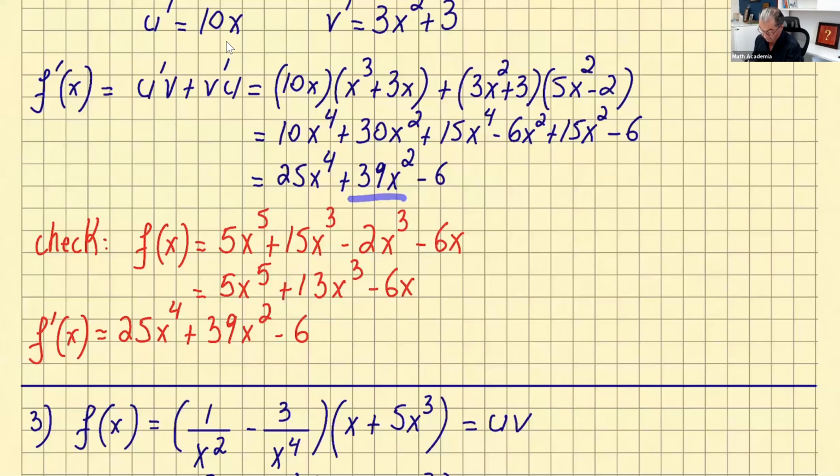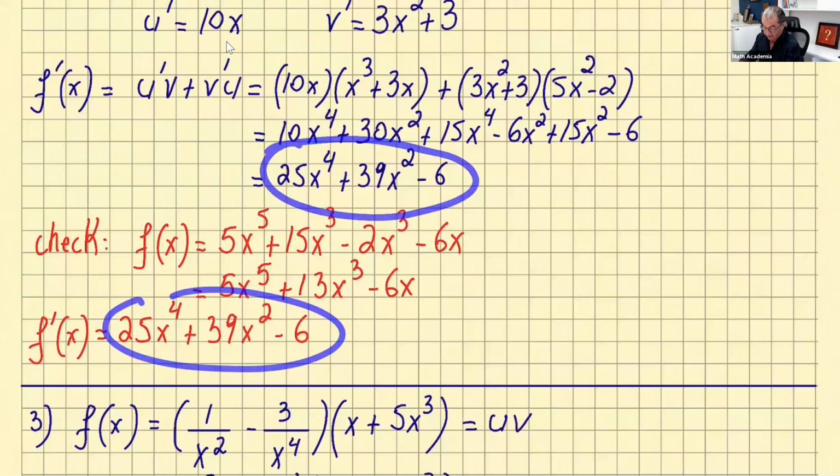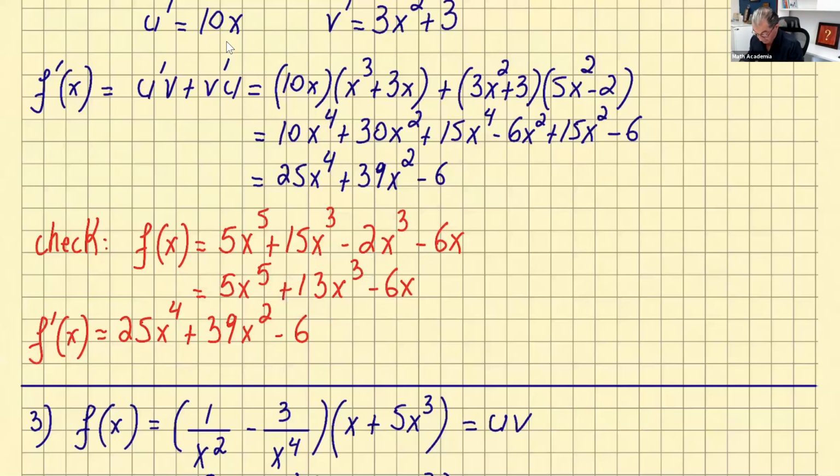The derivative of 13x cubed is 39x squared, and the derivative of negative 6x is negative 6. And as you see, we got the same answer. One more time, you might say this is much faster, which it is in this case. However, know the product rule because the functions are going to get more complicated in the future.